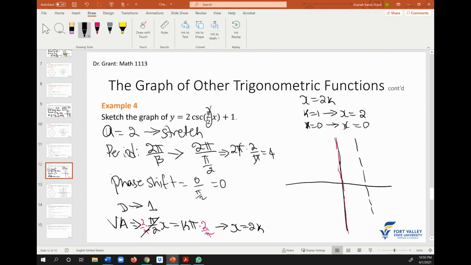And negative 2 will be, that means x equals negative 2. So if you recall, we're going to be up 1 unit, so it's going to be about here and here. So these are just sketches of the graph.